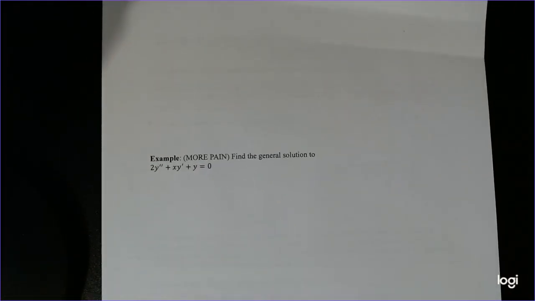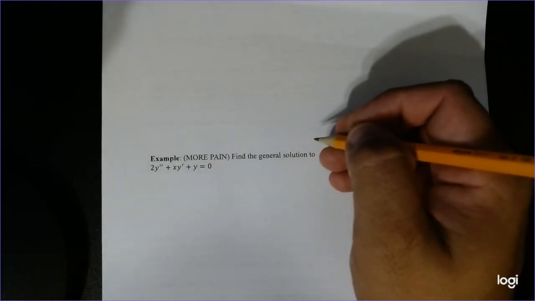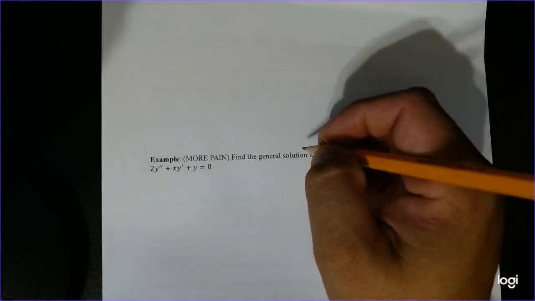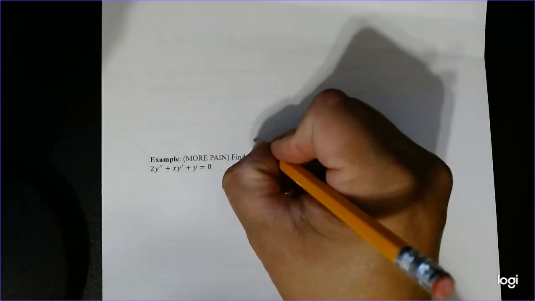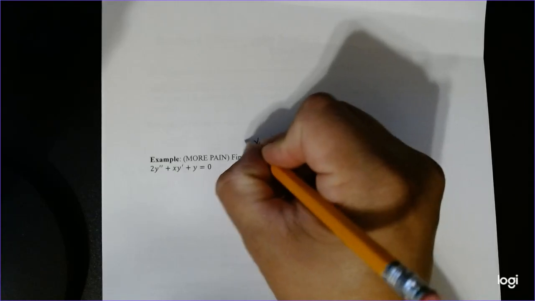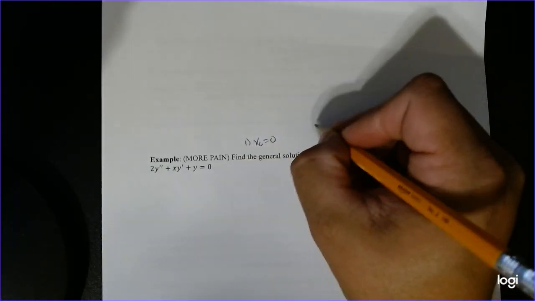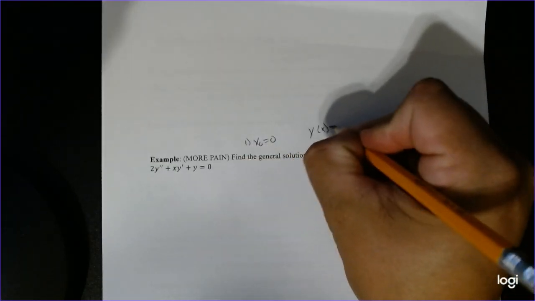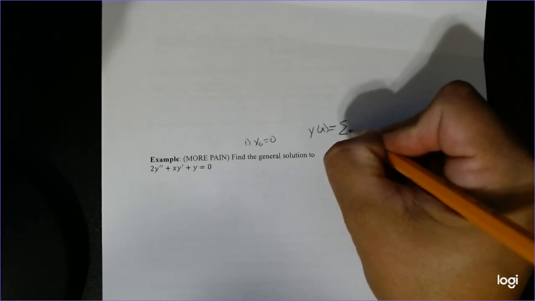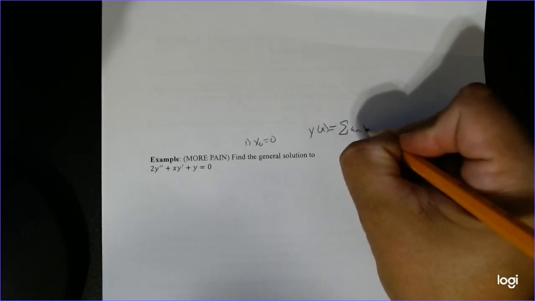This time find the general solution. Okay. So again, it's a power series, and we're going to use x naught to be 0. So therefore, y of x is equal to this power series, just like we had before.